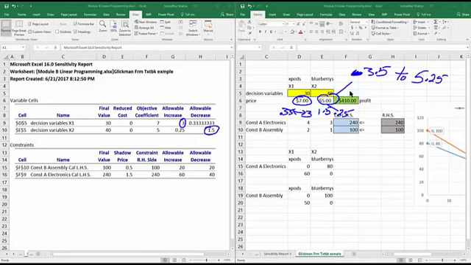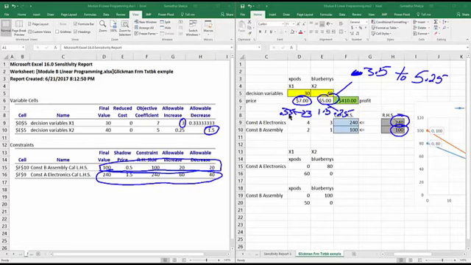5.25. Now, one thing you have to be very careful about is that the sensitivity report considers only one change at a time. So all of these conclusions are valid when you're considering only one change. All of this information is valid when you're making a 1 unit change in the right hand side variable, and all of this information is true when you're making the change only in this right hand side variable constraint for the electronics.